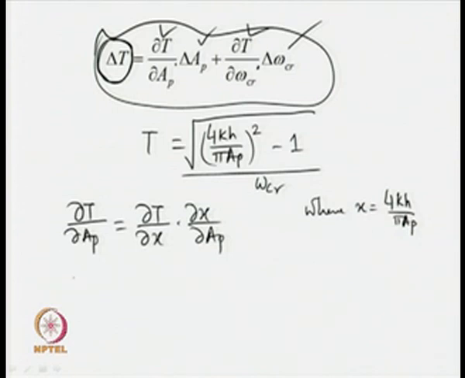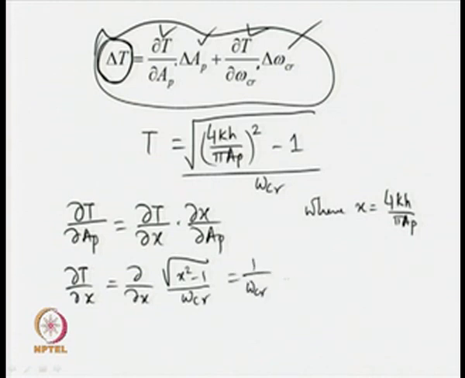Then del T upon del x will be equal to del upon del x of root of x square minus 1 upon omega c r. So, this will give us 1 upon omega c r, then differentiation of this will give you half times 1 upon root of x square minus 1.